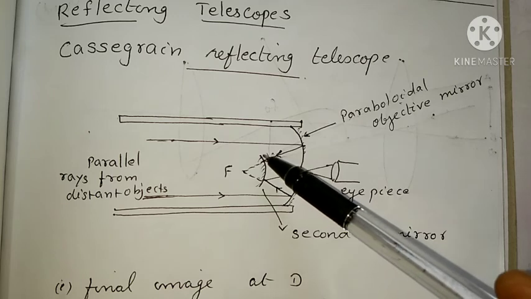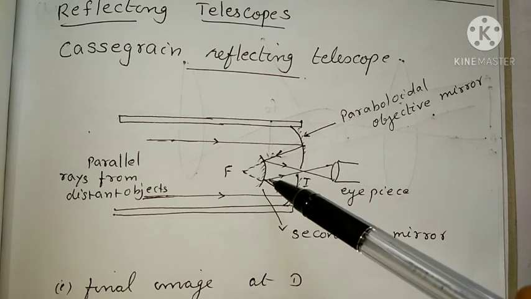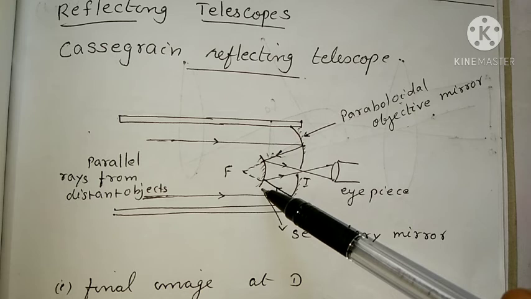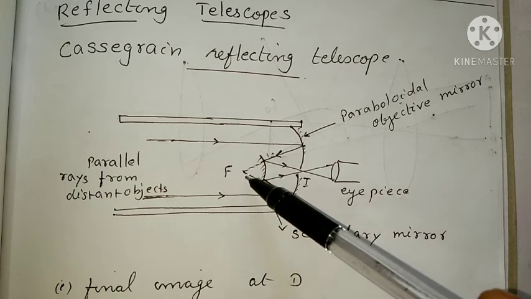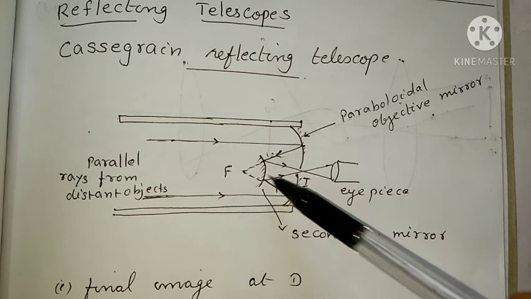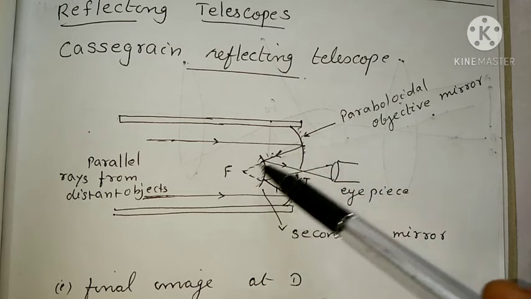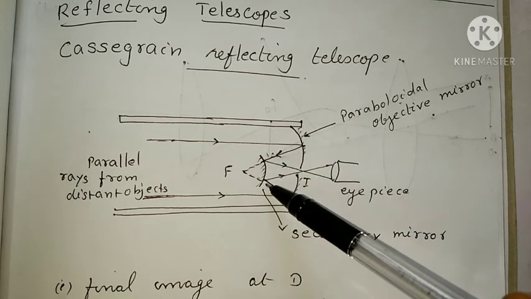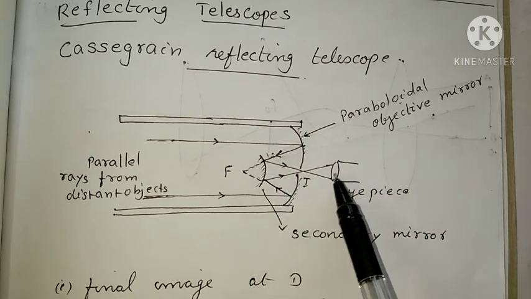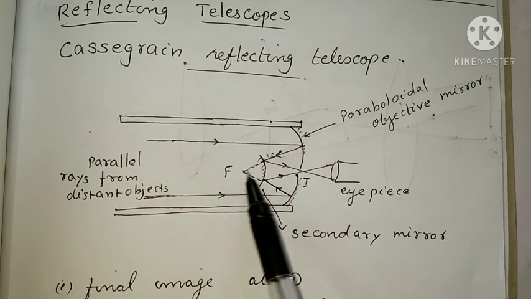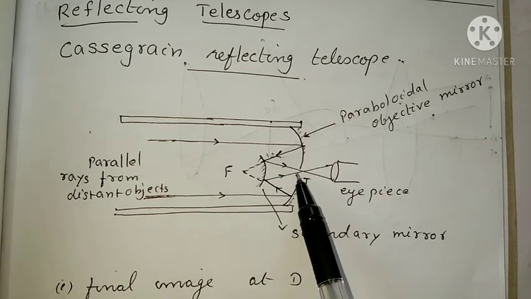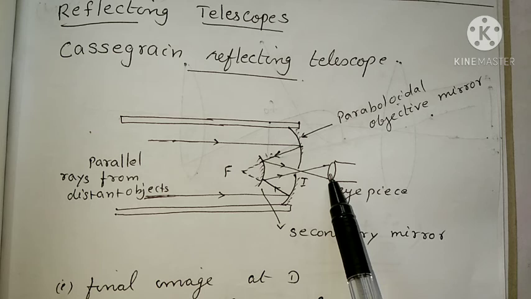And the second one, the small convex mirror, that is the secondary mirror, is placed near the focus of the primary mirror. The eyepiece is placed on the axis of the telescope near the hole of the primary mirror.